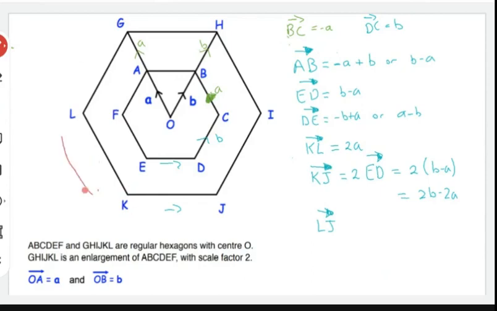So you're going this way, yeah? Can it be minus? Wait. Can it be 2B minus 3A?